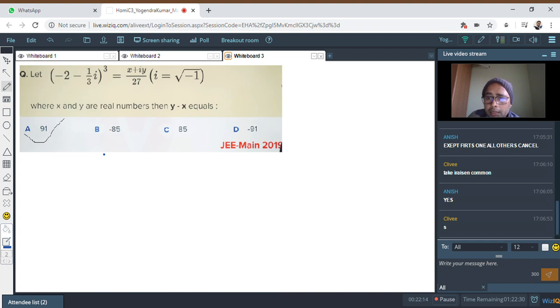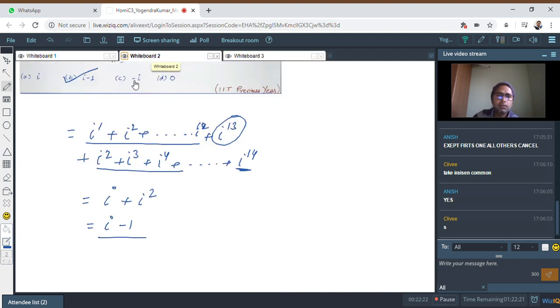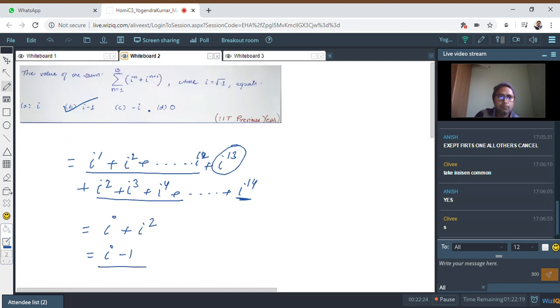Okay, i raised to the n common. You can do that also. Correct. Okay, fine. Clive is telling that you can take i raised to n common, and then 1 plus i will be left in the bracket, and then raised to n you can deal with separately. That is also the same.